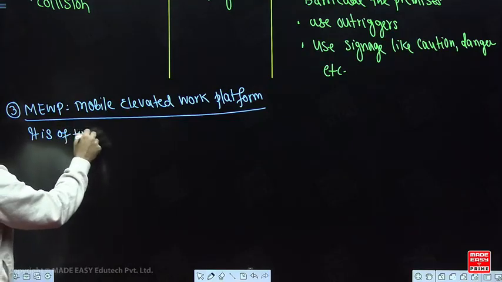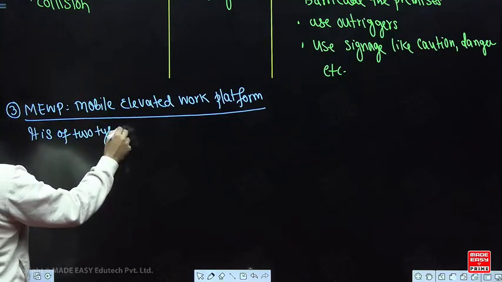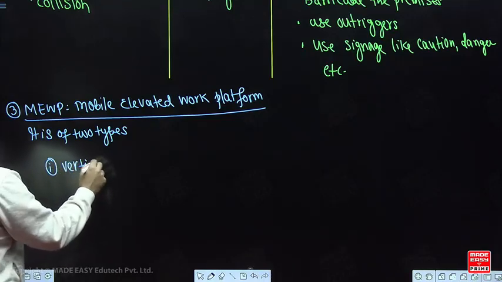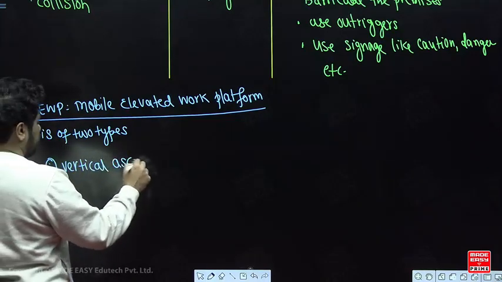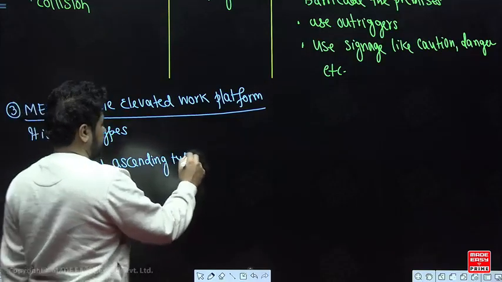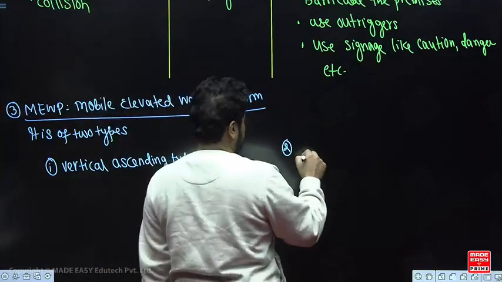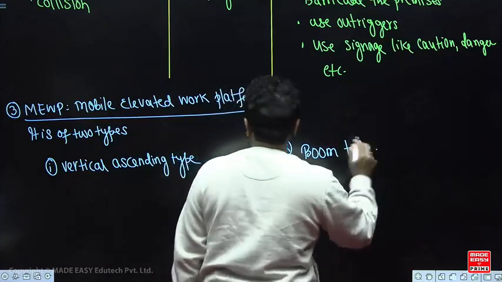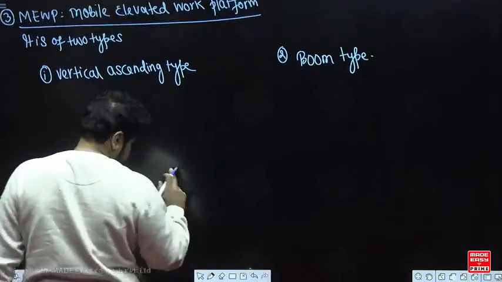Number one, it is called as vertical ascending type. And the second one, it is called as boom type. Correct. Now what is a vertical ascending type?